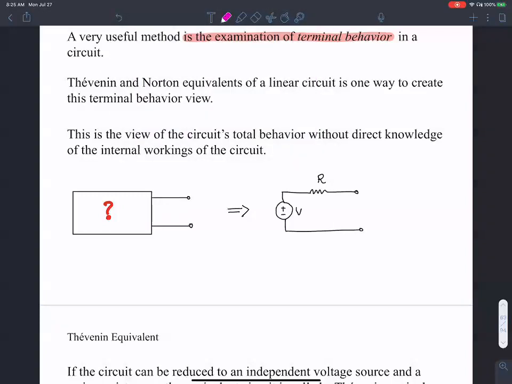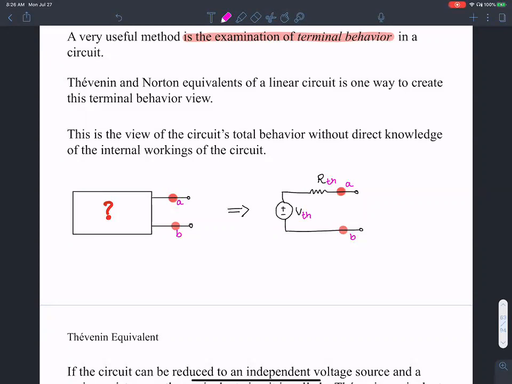As far as these terminals A and B are concerned, as long as the terminal behavior is the same, then I don't have to know what's going on inside the box. The full behavior of the mystery box can be captured by simply using a voltage source and an equivalent resistance. So this is the idea of Thevenin's equivalent.